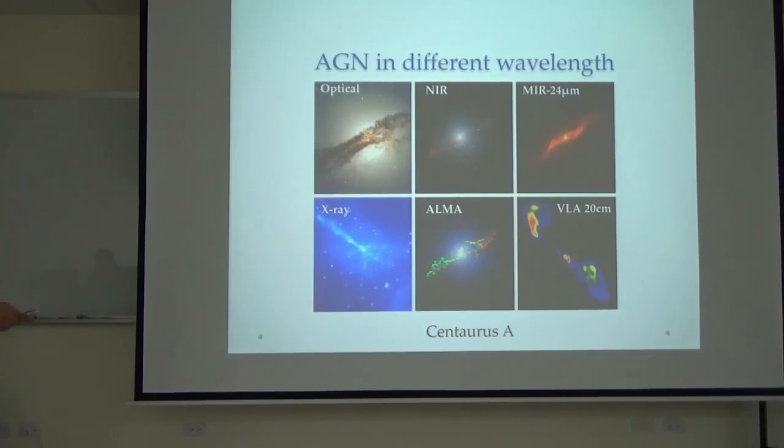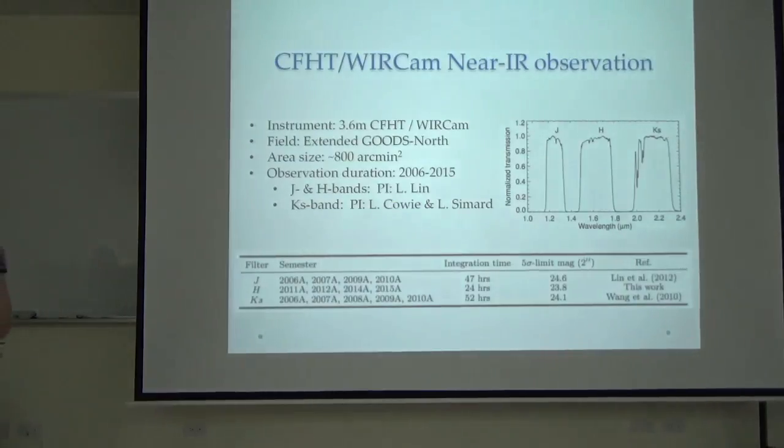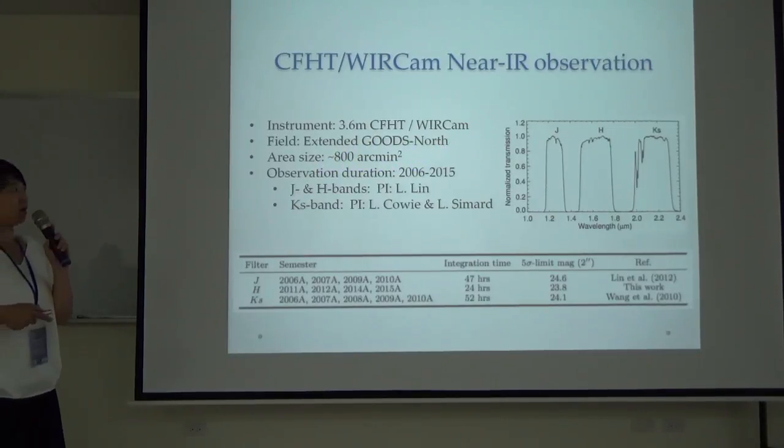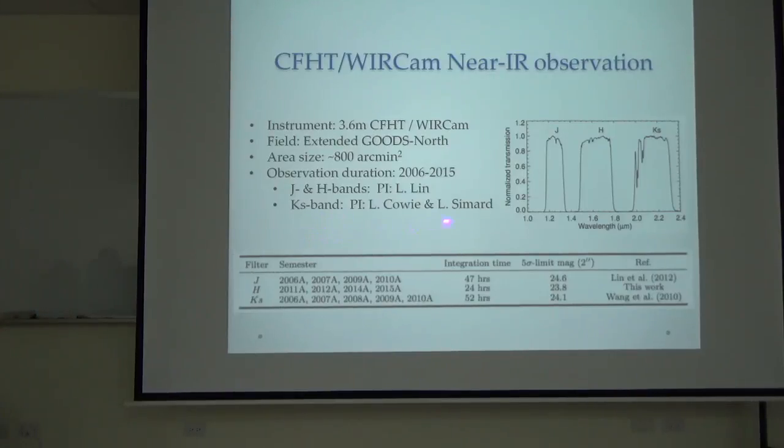Okay. So this is my recent result from the near-infrared survey using the CFHT telescope. The main areas of this survey are the Chandra Deep Field South and Chandra Deep Field North, and the entire area is 800 arcmin squared.